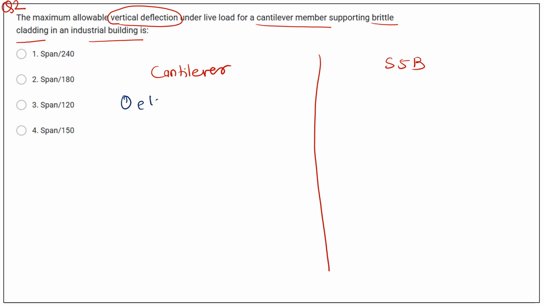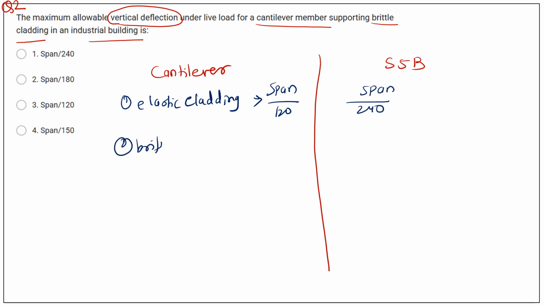First one is elastic cladding. In case of elastic cladding, the deflection is span by 120 if the beam is a cantilever, and if the beam is simply supported, then the elastic cladding deflection is span by 240.